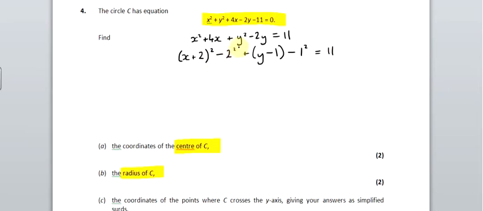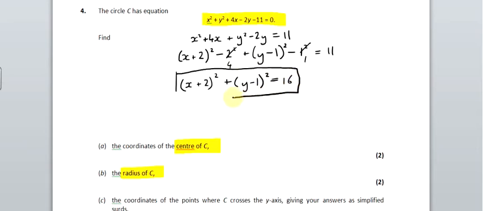And then clearly that's minus 4, and that's 1. So we've got x plus 2 squared plus, oh, forgot my squared there, y minus 1 squared, and then we're going to add the 5 over to get 16.